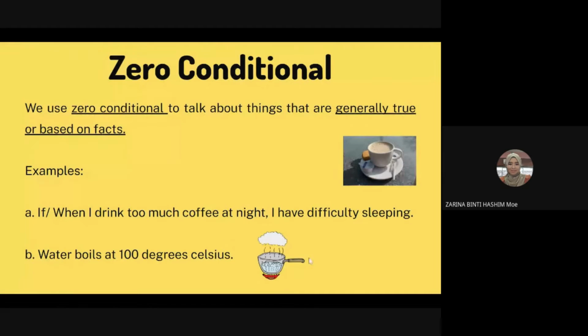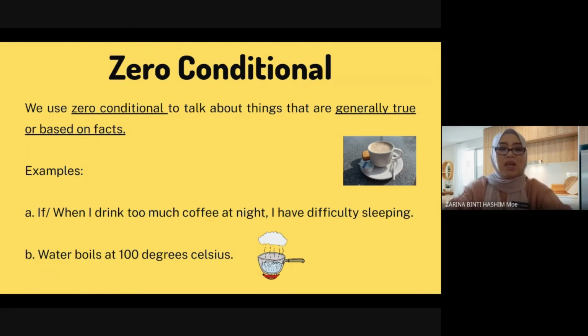Now we are going to look at what the zero conditional is. From the word itself, zero conditional means there is no condition, no requirement.